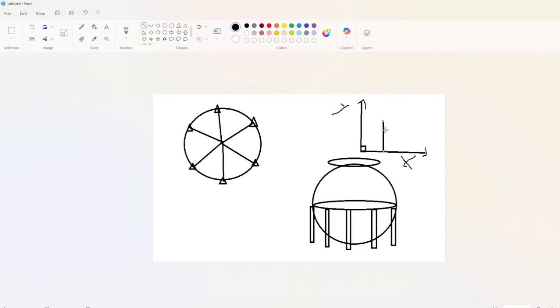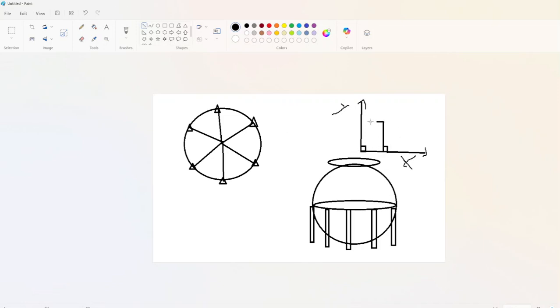If you draw a straight line down, perpendicular to the x axis, so that it forms a right angle over here, then you know the value of the x coordinate.